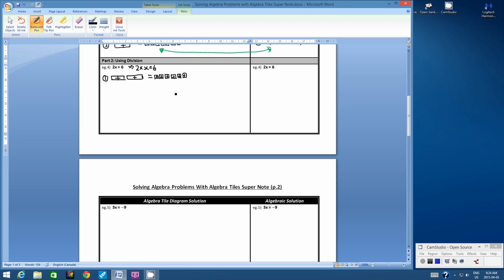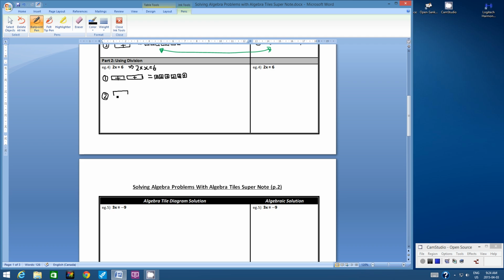Okay? All right, so we have 2x equals 6. So with these questions, the strategy changes a little bit. So we have two x's. So what we want to do is we want to create two separate groups.